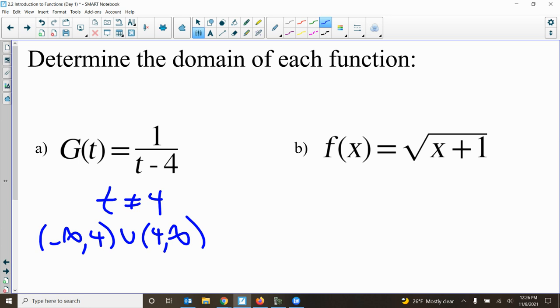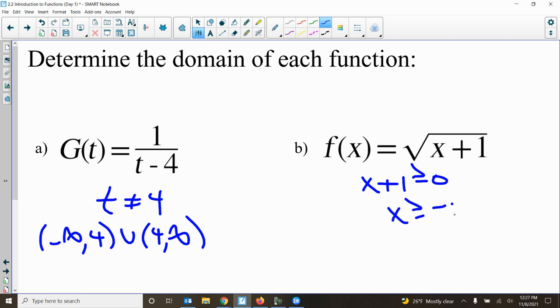So what we're going to do here, we're going to say that x plus 1 has to be greater than or equal to 0. Does that make sense? If x plus 1 is negative, the square root of a negative number does not make sense. We're not talking about complex numbers here, we're just talking about real numbers. So what are you going to do here to get x by itself? Yeah, subtract 1.